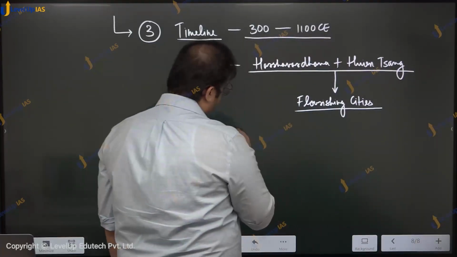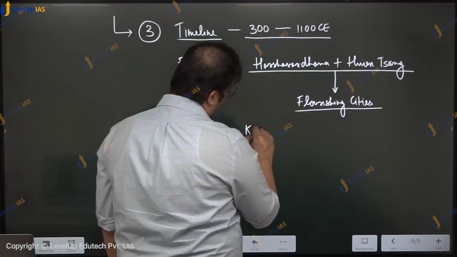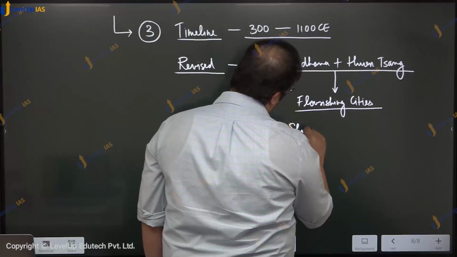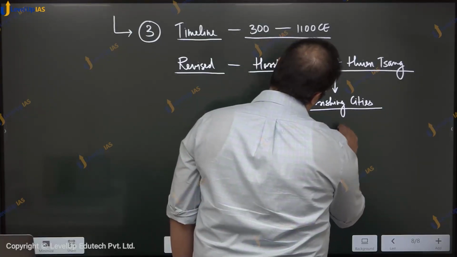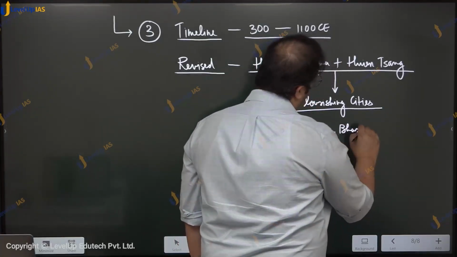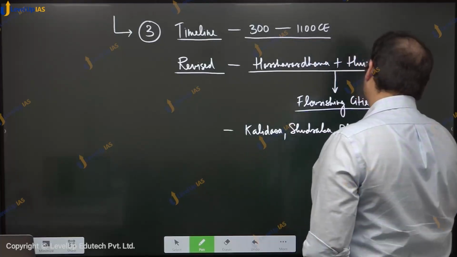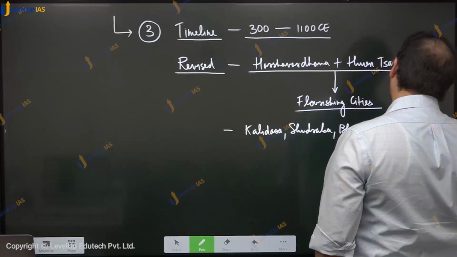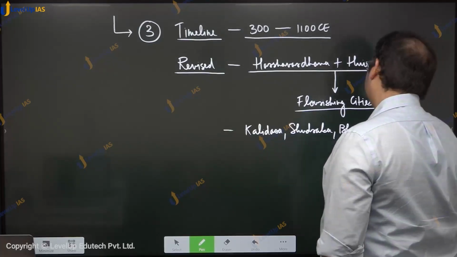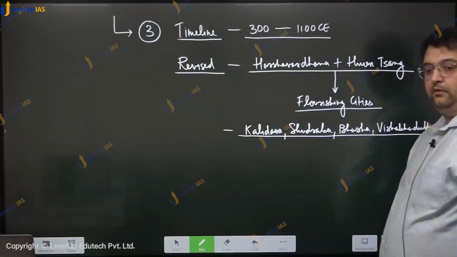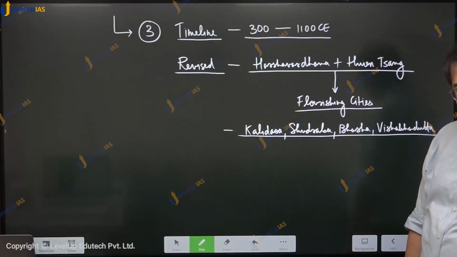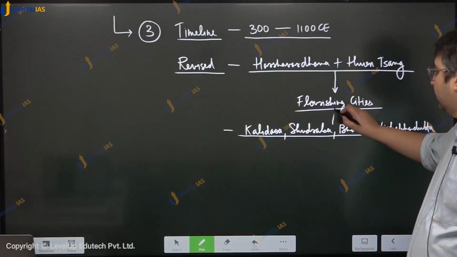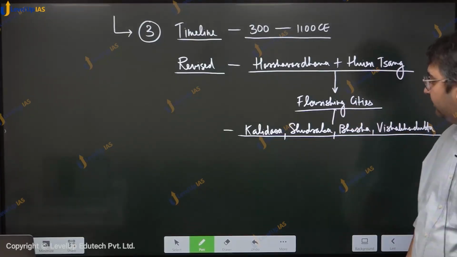Further, Kalidas, Shudrak, Bhash, Vishakha Dutt, etc. What kind of picture do they paint, of a flourishing urban environment or of decaying cities? Once again, of a flourishing urban environment.